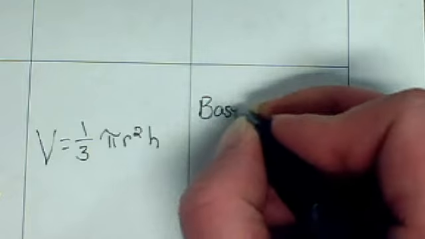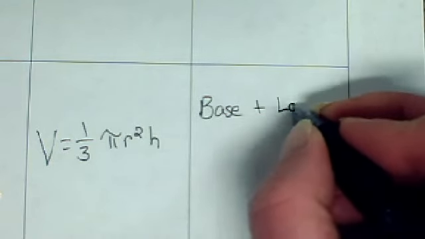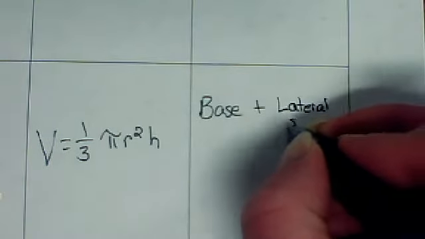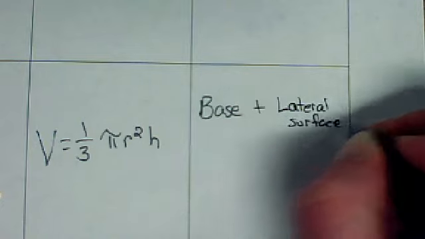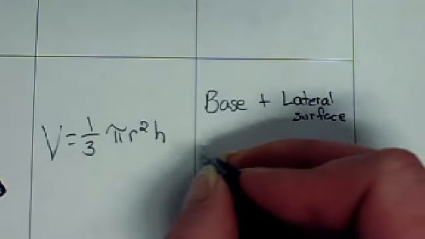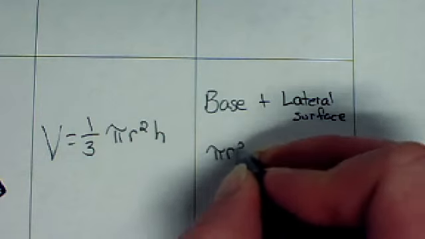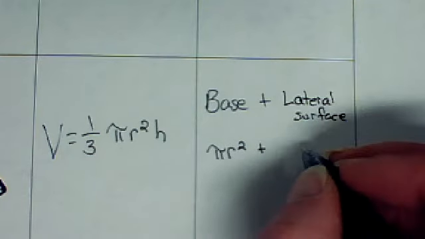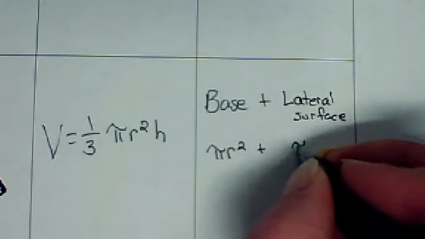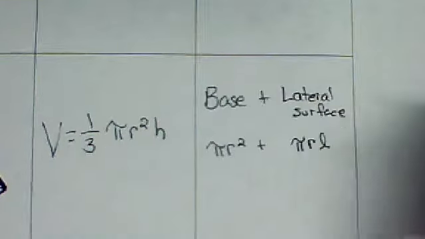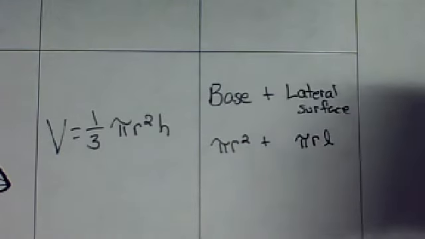So when we're thinking about the surface area, you have that base plus that lateral area, the curved edge. Now on a cone, you only have one base, and that lateral surface's area is found using the formula pi r l. This is on your formula chart.